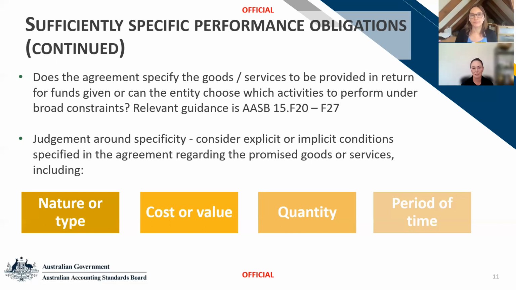Thanks. And just one more question on the same topic. Given how important this concept is for NFP entities, I guess it's more of a request as to, well, why didn't the board provide a more clear explanation in the standards on the kind of information to support what we mean by sufficiently specific in terms of performance obligations? Yeah, and look, I think that's a fair call.